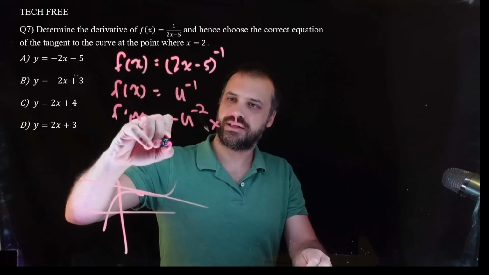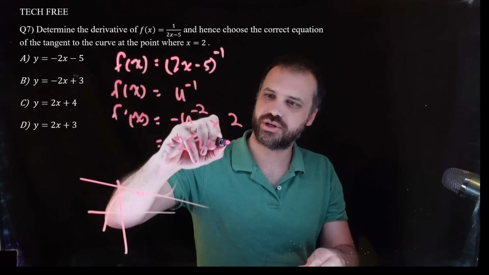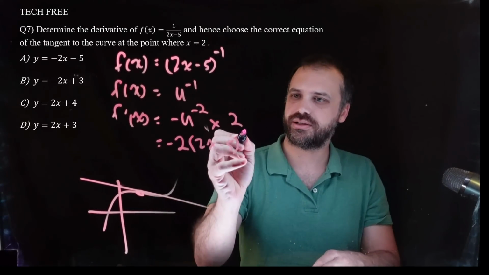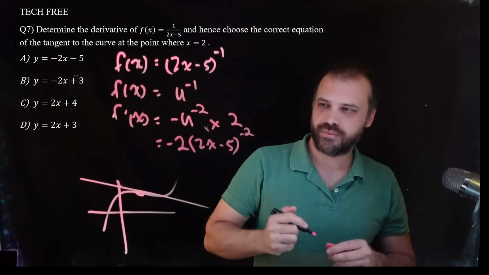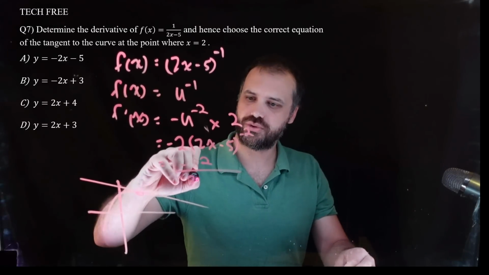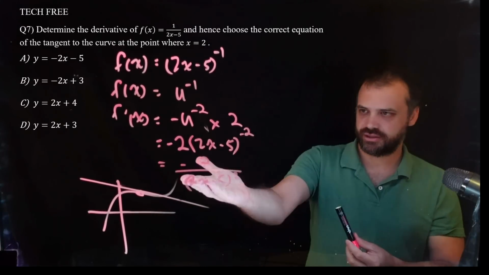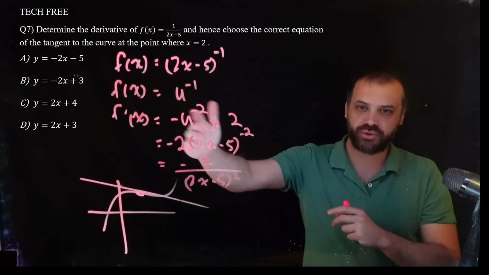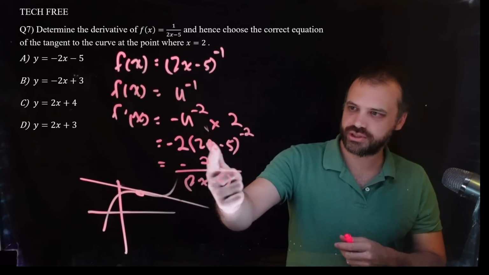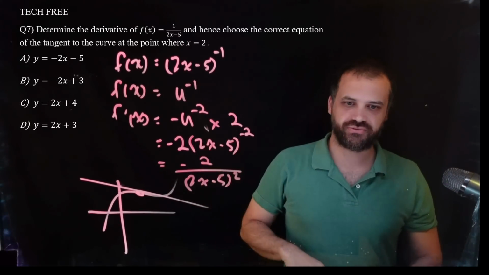So I get negative 2, 2x minus 5, to the power of negative 2. We can rewrite this as negative 2 over 2x minus 5 squared. Alright, what have I done? I'm nowhere near the answer yet. All this is the derivative of 1 over 2x minus 5.